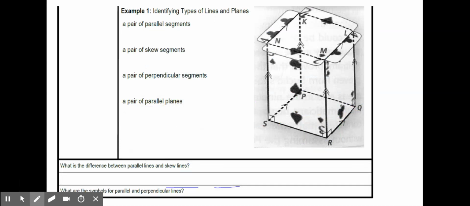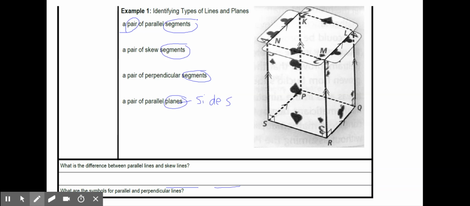Okay, let's practice. Example 1, identify types of lines and planes. So we're asked to find a pair, so a pair means 2, of parallel segments. Now notice that we need to identify a lot of segments in this question and only one set of planes or sides. Segments are part of a line, planes are sides.